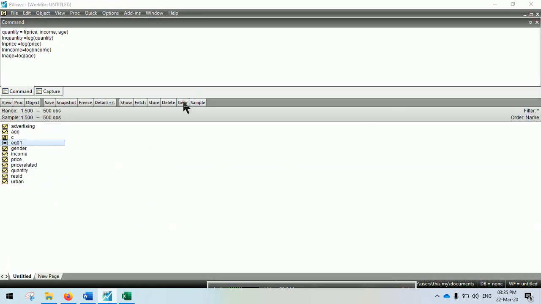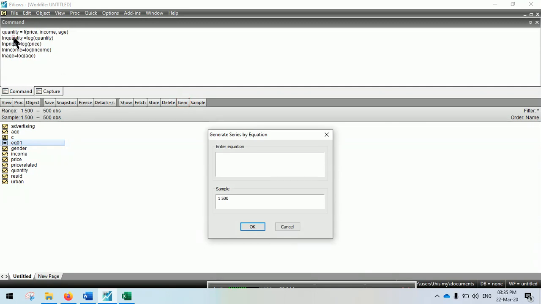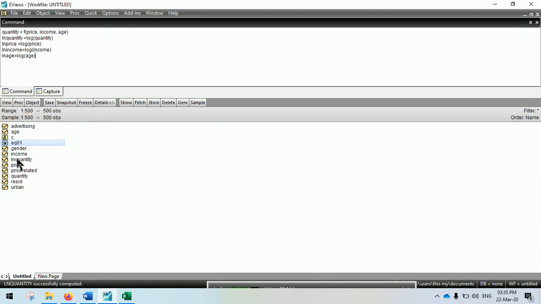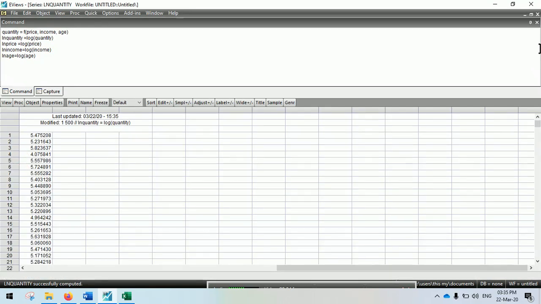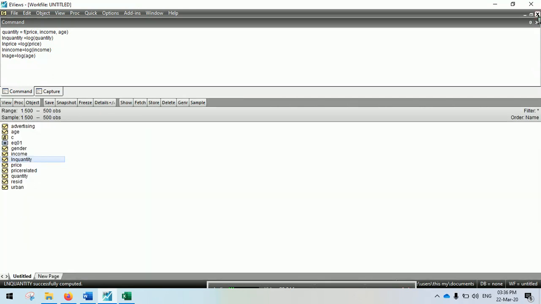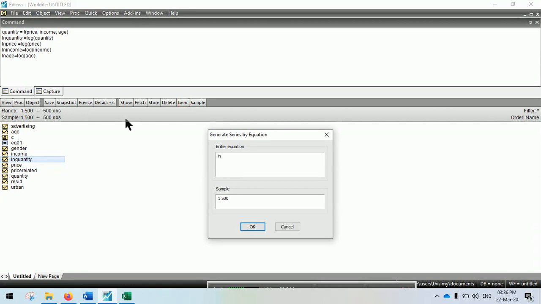So generate, and I put the first one: ln quantity equal to log quantity, and you can see here it's already generated. Then again generate ln price equal log price.